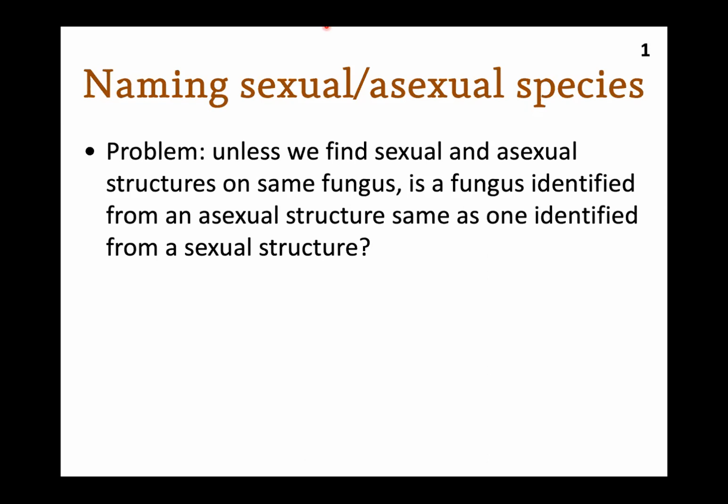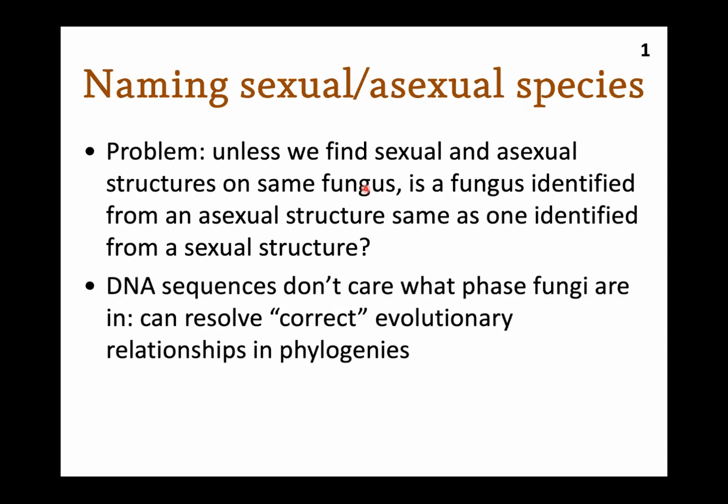One of the ways that we can do that is to use DNA sequences, because DNA sequences don't care whether a fungus has a sexual structure or an asexual structure or no structure at all. And so you can use DNA sequences to resolve the correct evolutionary relationships in phylogenies, so you can get your taxonomy correct. So we're going to look at a couple of examples of that, in terms of phylogeny.